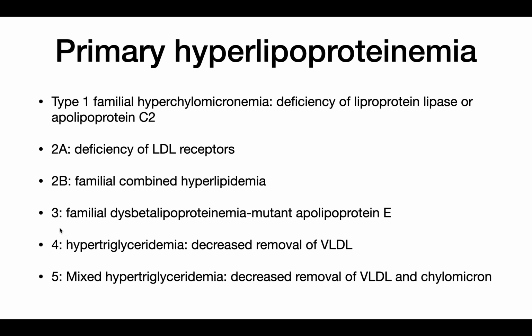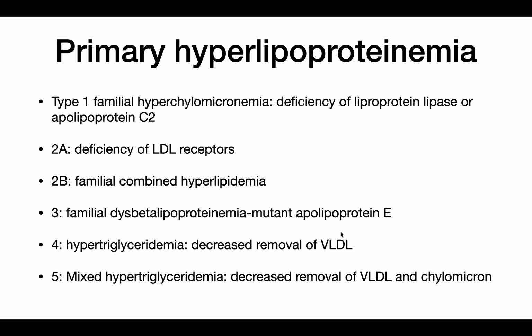Type 3 is going to be familial beta lipoproteinemia, which is going to be a mutation in the apolipoprotein E gene causing a problem with this. So a problem with apolipoprotein E is going to be a problem with sequestering the cholesterol once again. In type 4, hypertriglyceridemia is going to be a decreased removal of VLDL or triglycerides.